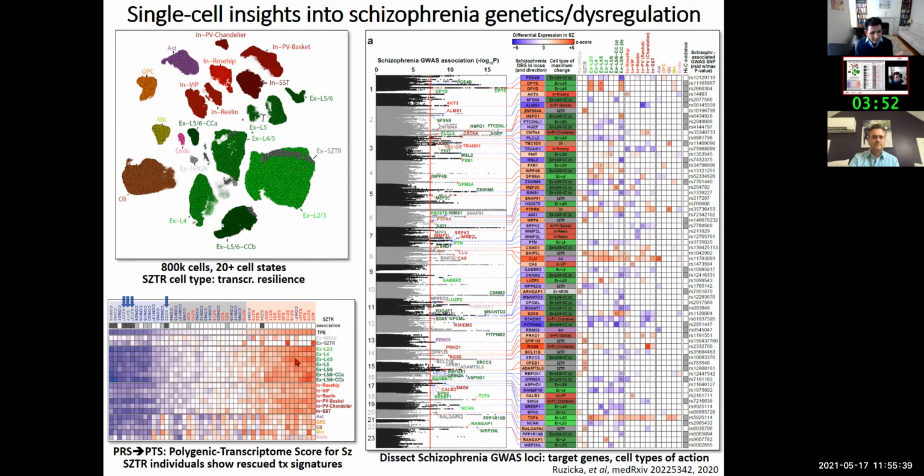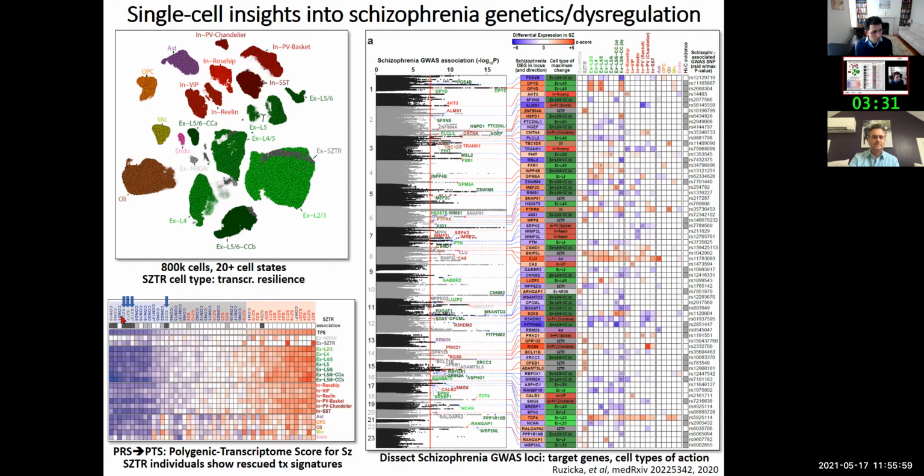And we're able to predict which individuals show schizophrenia based on their global transcriptional signatures. Here, for one control individual, we predicted that they should be schizophrenic based on their transcriptional signatures. And indeed, their son was diagnosed with schizophrenia, even though they were not diagnosed.